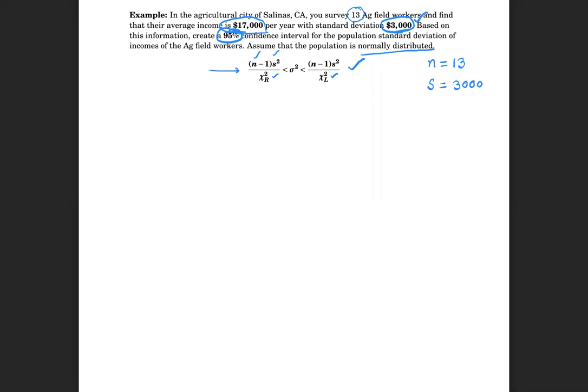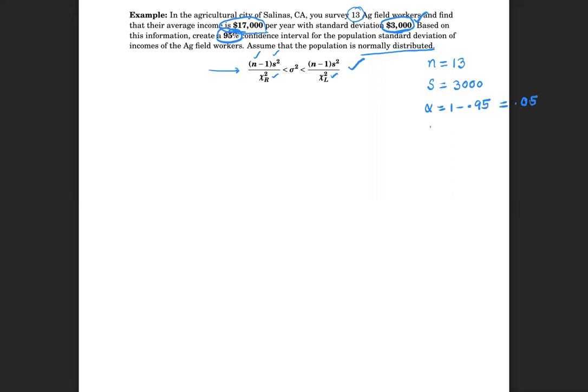Now, chi-square sub R and chi-square sub L. For you to find that, first you need to find alpha, which is 1 minus the confidence level, which is 1 minus 0.95, which is 0.05.